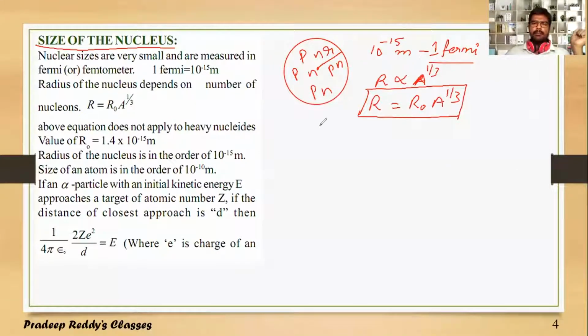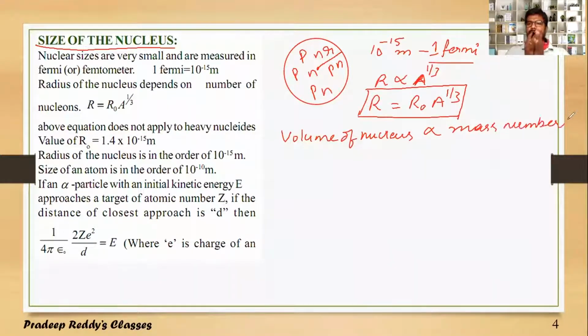So this can be obtained by this basic equation. As we know, the volume of the nucleus is directly proportional to mass number. The more constituents the nucleus has, the more its volume increases.